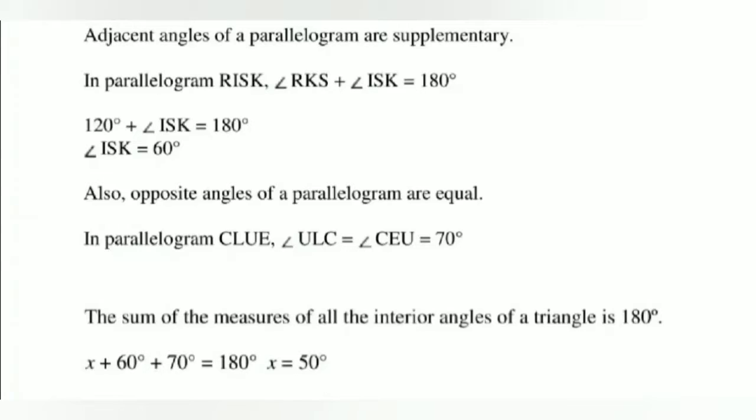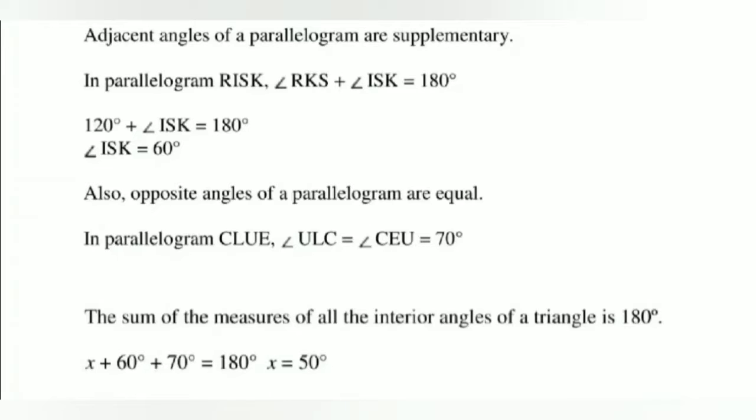The sum of the measures of all the interior angles of a triangle is 180 degrees. So x plus 60 plus 70 degrees is equal to 180 degrees. So the value of x is 180 minus 130 degrees. So the answer of x is 50 degrees.